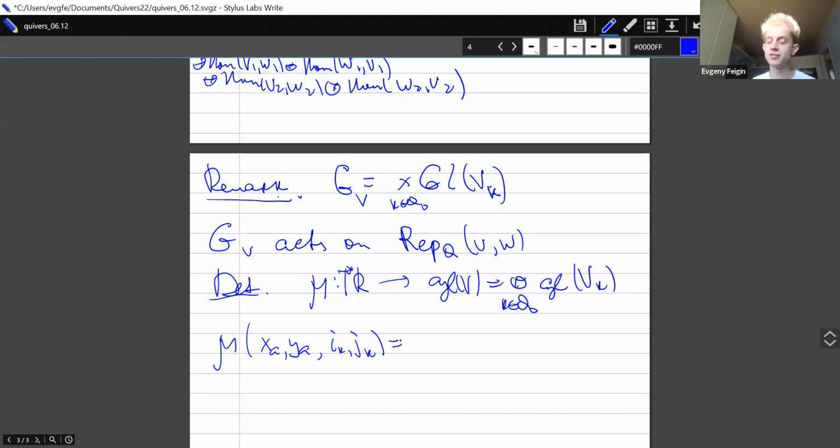Can you suggest a definition? So can you invent some map which lands in gl(V)? Just try to imagine what you can do with these maps in order to get an element from gl(V).